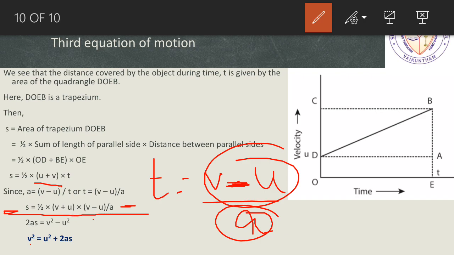So we here have V plus U into V minus U, which is nothing but a plus b into a minus b formula, which is a square minus b square.